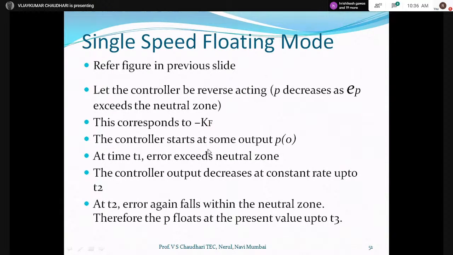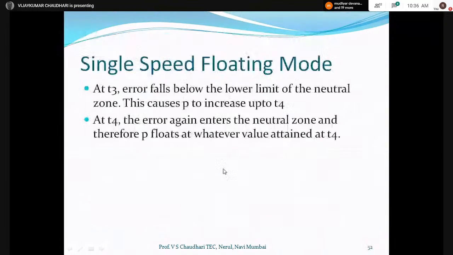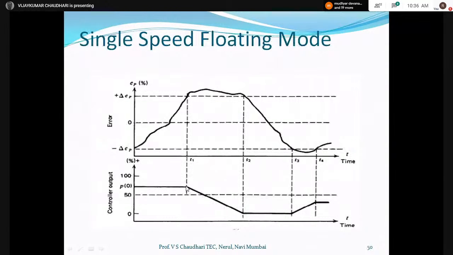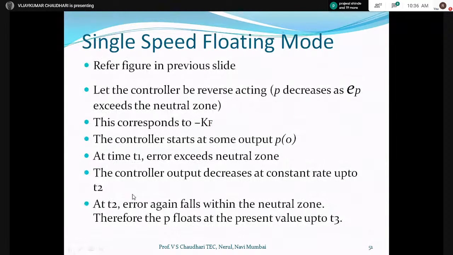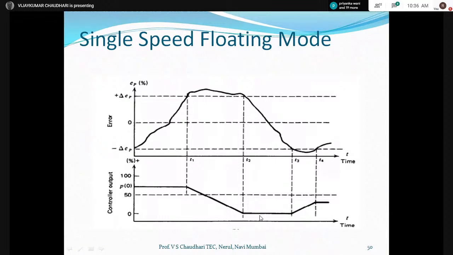The controller output decreases at a constant rate up to t2. Next, at t2, error again falls within the neutral zone and therefore P floats at the present value up to t3.